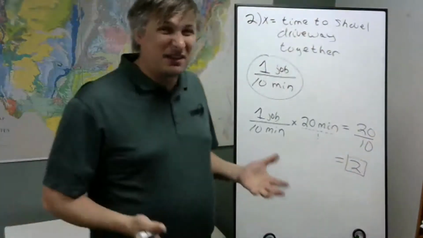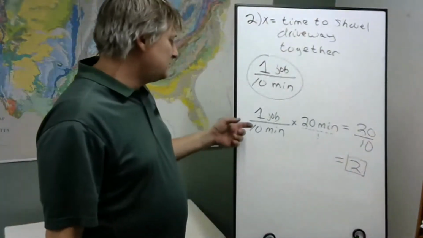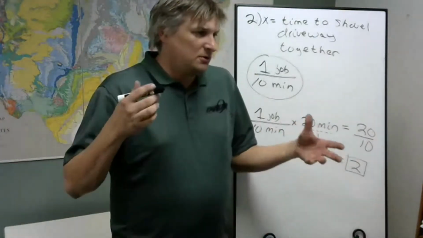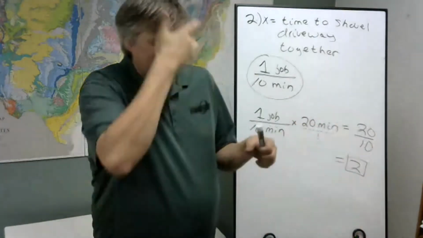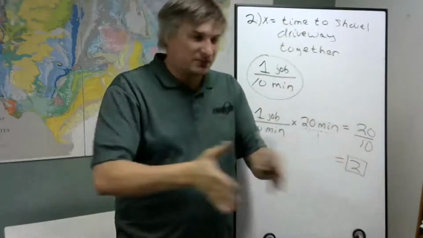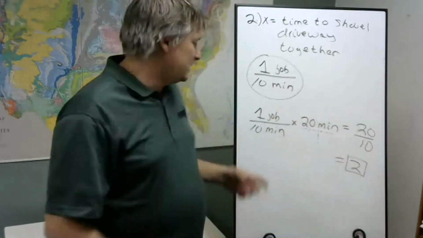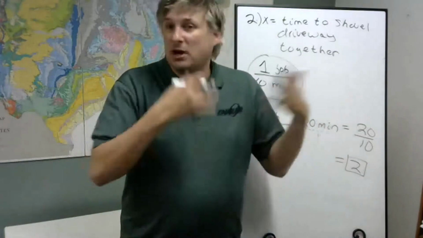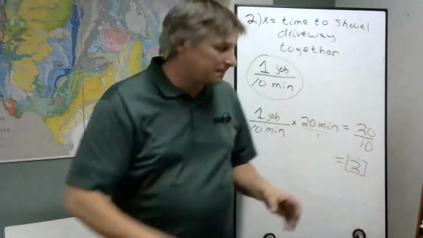And this kind of makes sense. If it takes you 10 minutes to get the job done, you've got 20 minutes. Well, you could do 2 of these jobs. Like, let's say you're making something on a production line, and it takes you 10 minutes to do it, but you've got 20 available. You can do the job twice. You can produce 2 of these things.